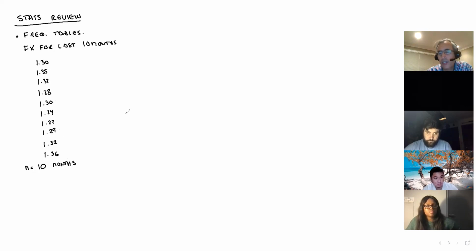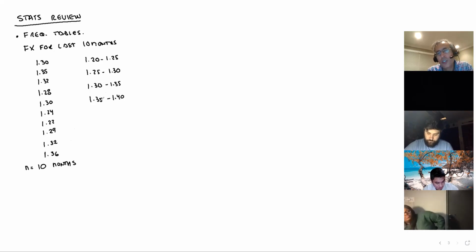What I want to do, guys, is create a frequency table. Which one is the smallest value? 120. So perhaps we can do from 120 to 125, 125 to 130, 130 to 135, and 135 to 140.